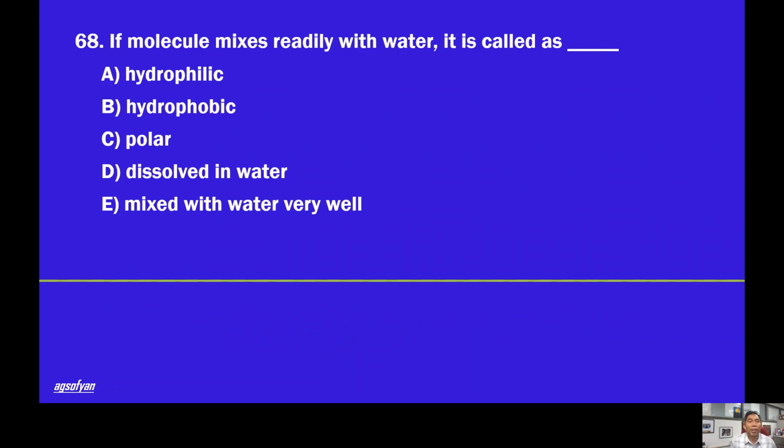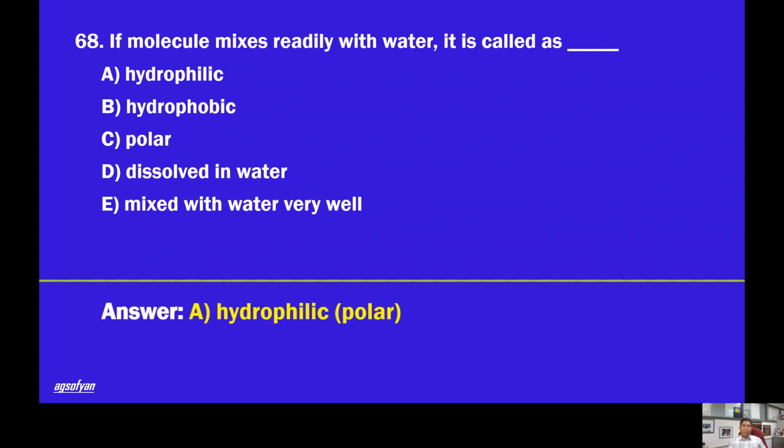68. If a molecule mixes readily with water, it is called A. hydrophilic, B. hydrophobic, C. polar, D. dissolve in water, E. mix with water very well. Okay, let's see. I think it's a confusing question.